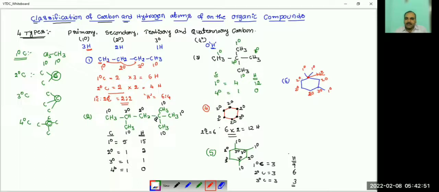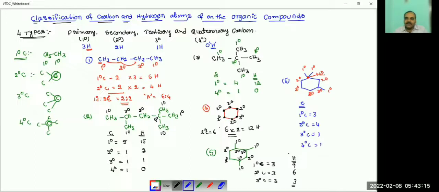So primary carbon atoms are 3. Secondary carbon atoms 1, 2, 3, 4. Secondary carbons are 4. And the tertiary carbon atoms are 1. Quaternary carbon atoms are 1.